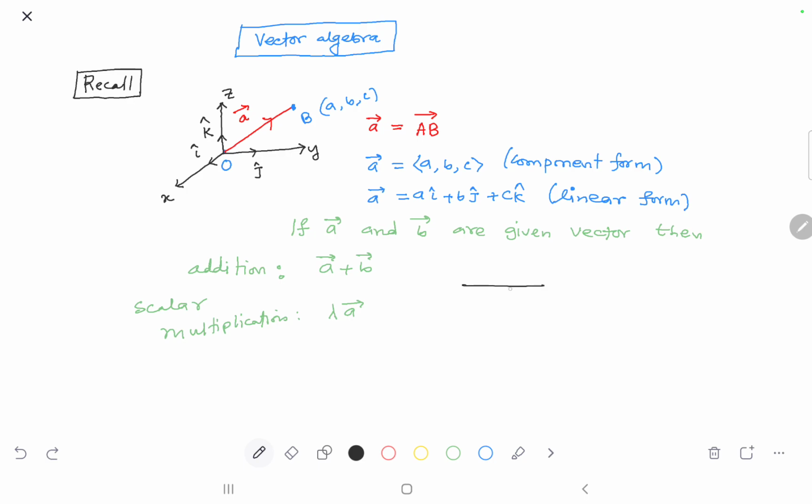If you take a vector here and a b vector here, you complete the parallelogram, and then this corner gives you the sum, a vector plus b vector. This is the addition of two vectors we did.